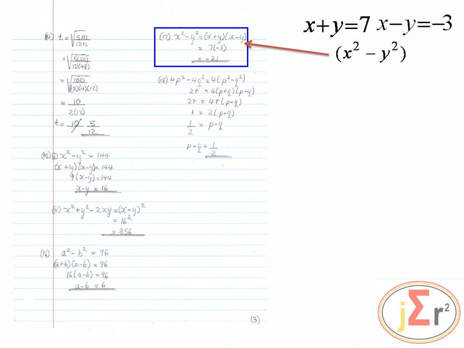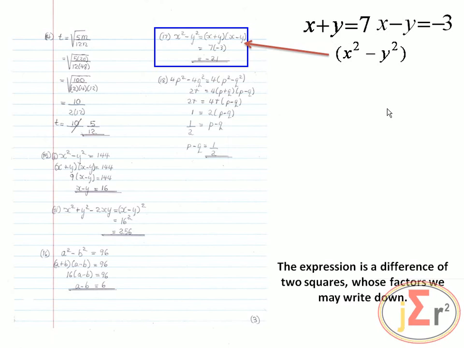We have x squared minus y squared, and that is what we are required to find, but we are given the value of the factors.